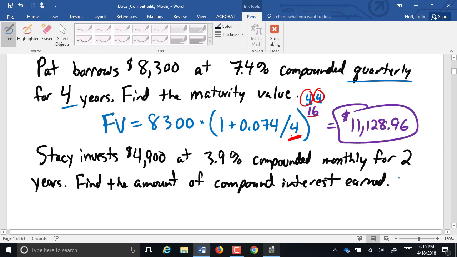This is the same type of question, just there's one extra step that goes on the end of it. We still need to find a future value.